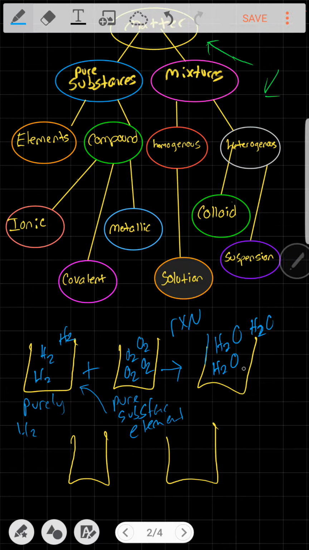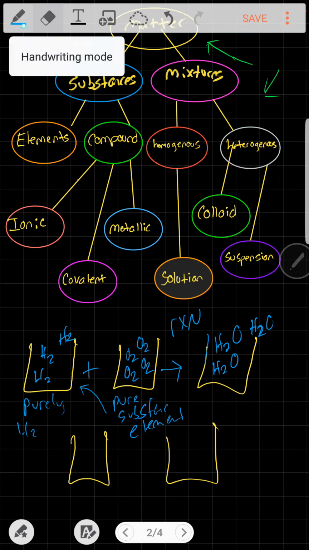Well, if we look at this canister now, do we see anything other than H2O, H2O, H2O? No, it's uniform. It has one form, because the word uni means one, and one composition throughout. So it has a uniform composition, which is a makeup, and that uniform composition happens to be H2O.